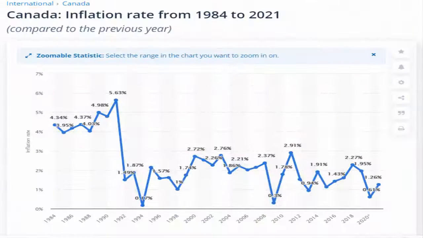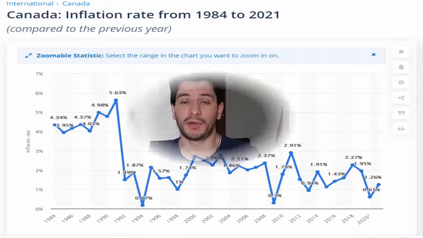But the problem is when inflation goes higher than expected. For example, we saw in the previous picture that in 1992 inflation went up to 5.63%, and this is the problem, because from one year to another we are paying like 6% more for a product, and the price is going up, but not my salary.